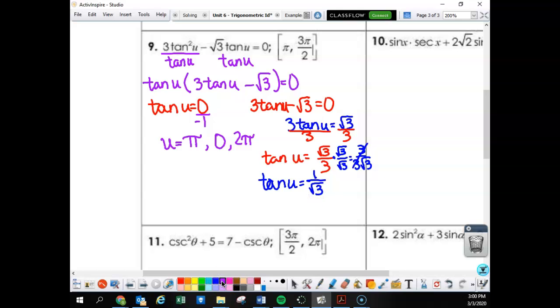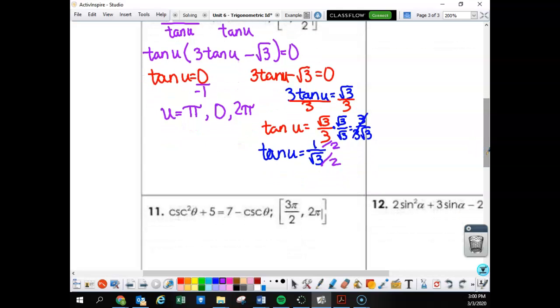All right? And we kind of talked about this yesterday about how when 1 and square root of 3 are there, technically they're over 2 because I can divide those denominators out. So I want tangent u to be 1/2 over the square root of 3 over 2. Okay? And I want it to be positive, so they have to be the same sign. So I want the angle where y is 1/2 and x is square root of 3 over 2.